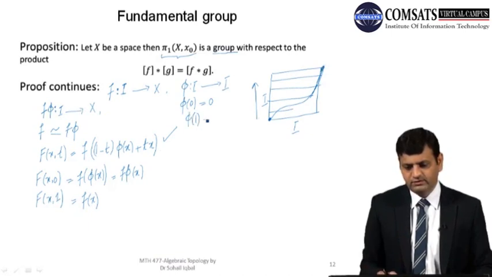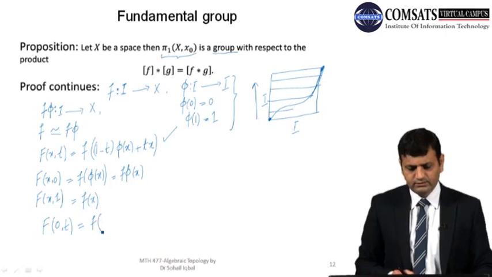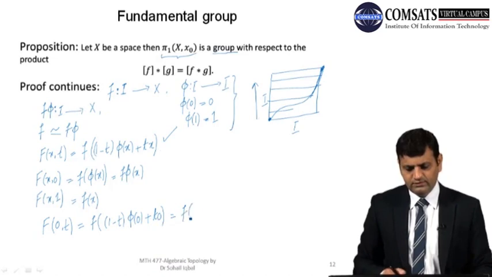If these two conditions are imposed on phi and phi is continuous, then we get the following: for every value of t, F of 0, t is f of (1 minus t) phi of 0 plus t times 0. Since phi of 0 is 0, this is f of 0.